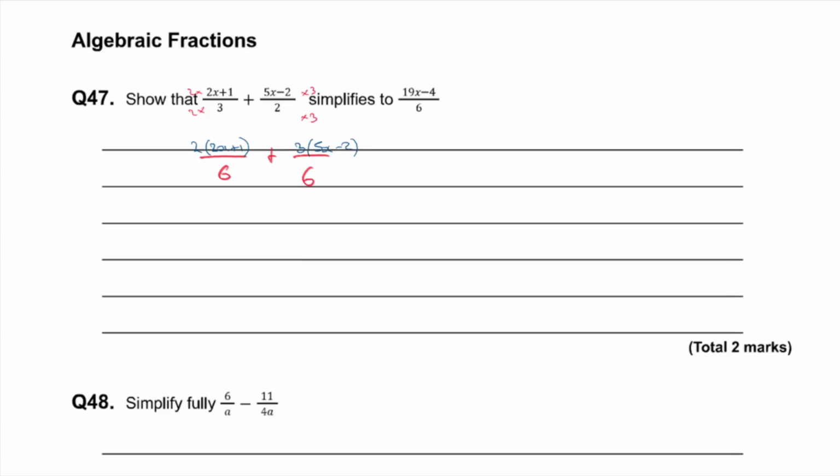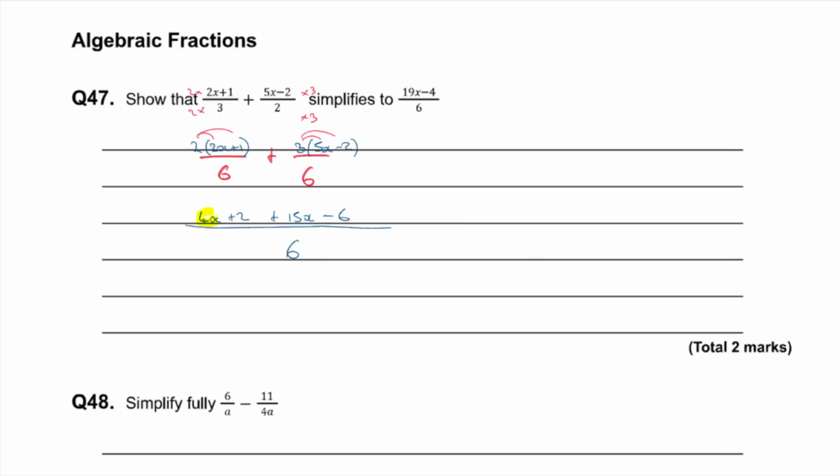Okay, so putting that over one denominator and multiplying out the brackets. So I've got 2 lots of 2x and 2 lots of 1. That's going to give me 4x plus 2. And I've got 3 lots of 5x and 3 lots of minus 2. So that's giving me 15x minus 6.